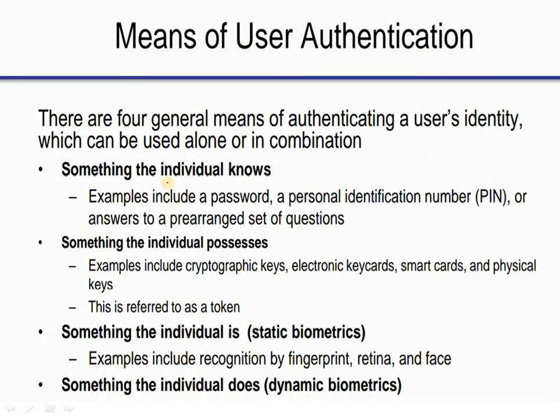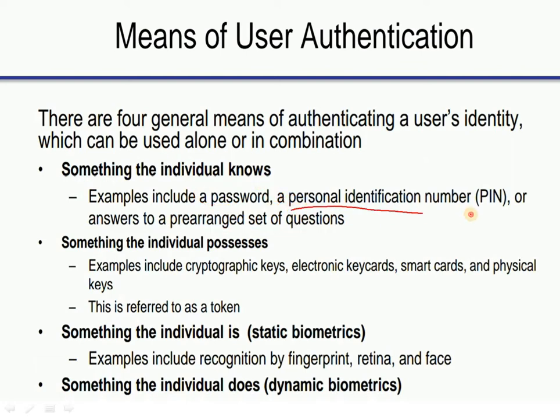So what is the first means? Something the individual knows. We will authenticate the user by this means, that the user knows something. What does the user know? Usually he knows a password, a PIN, that is a personal identification number, or he knows the answer to a pre-arranged set of questions. So this is known to the individual. You might have seen passwords, which are known by the user.